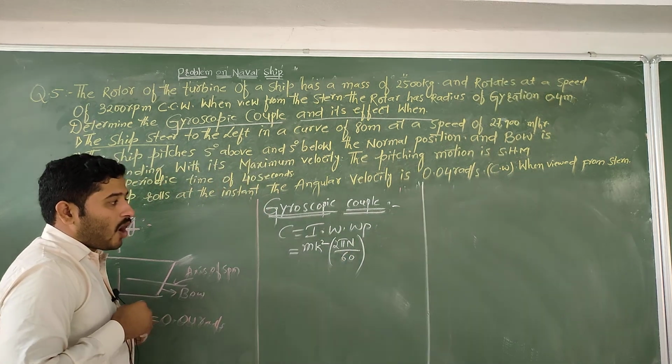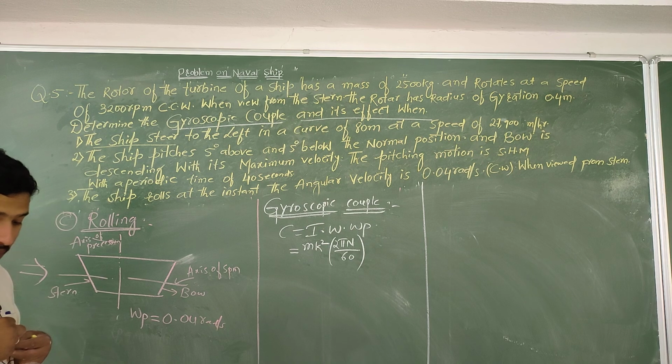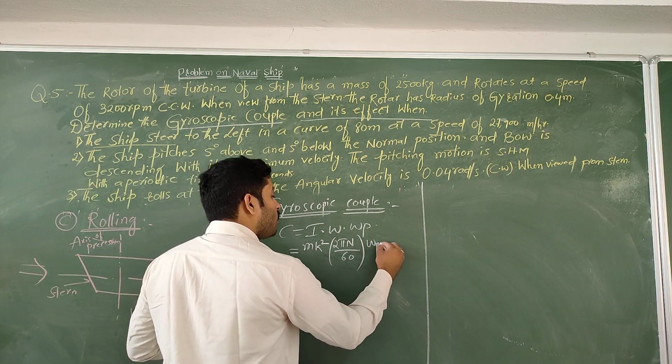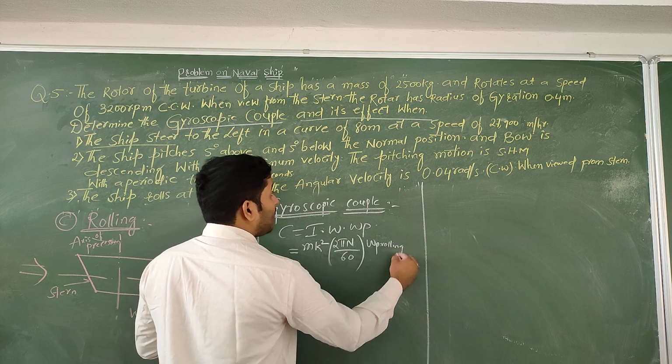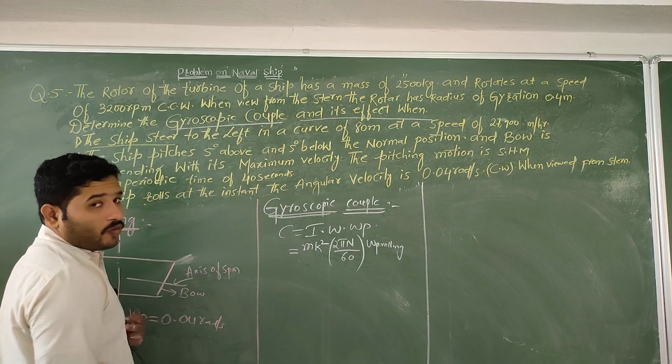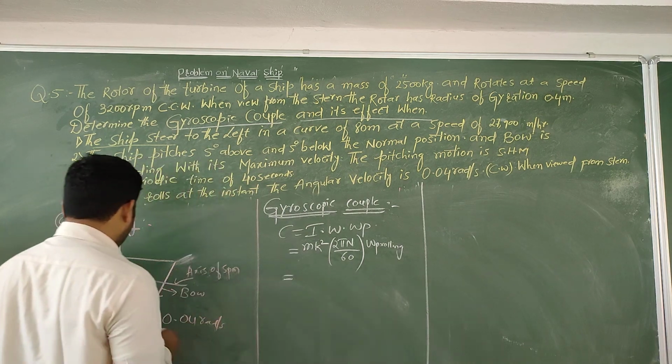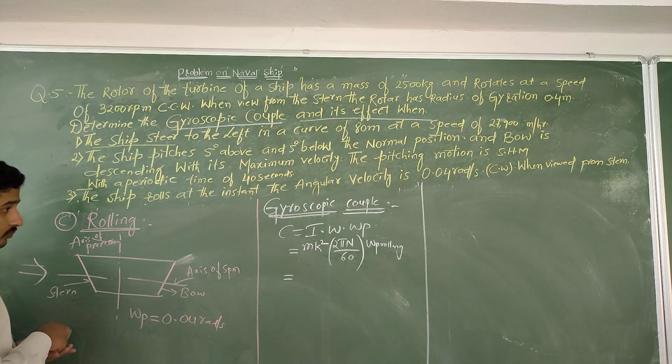What will be the value of omega p? The omega p value we already have, of the rolling. It is already given as 0.04 radian per second in clockwise direction.